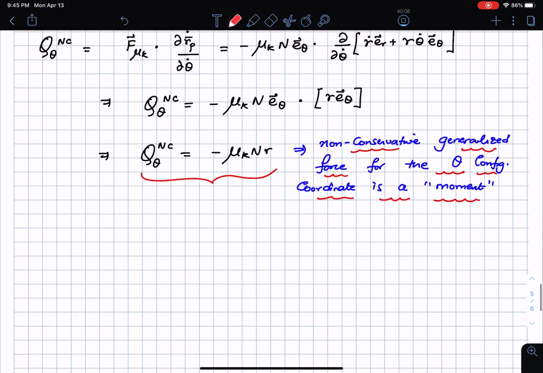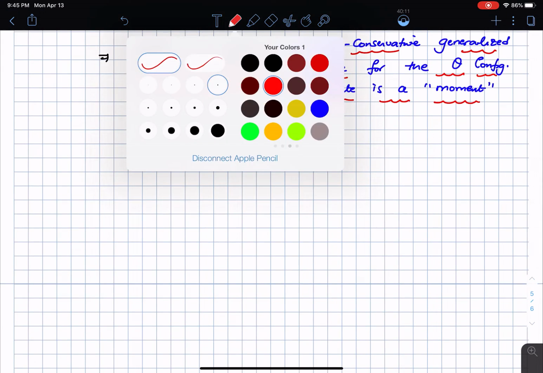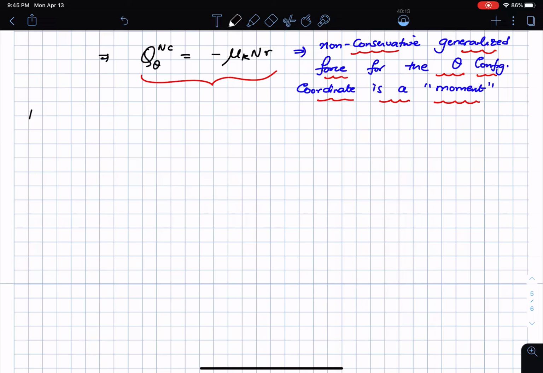Now we come back to our formulation and rewrite it. We're almost there.